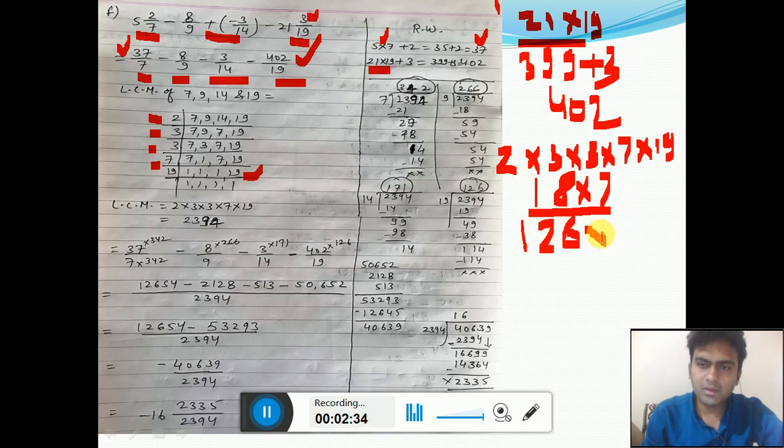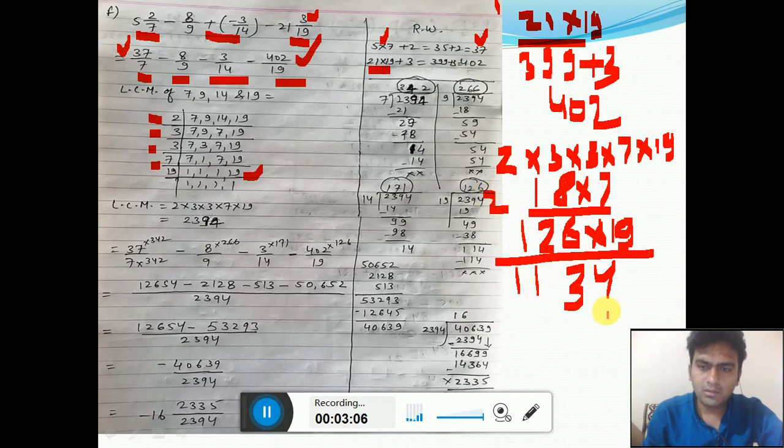Now 126 into 19. So 9 sixes are 54, carry over 5, 9 twos are 18, 18 plus 5, 23, carry over 2, 9 ones are 9, 9 plus 2, 11.